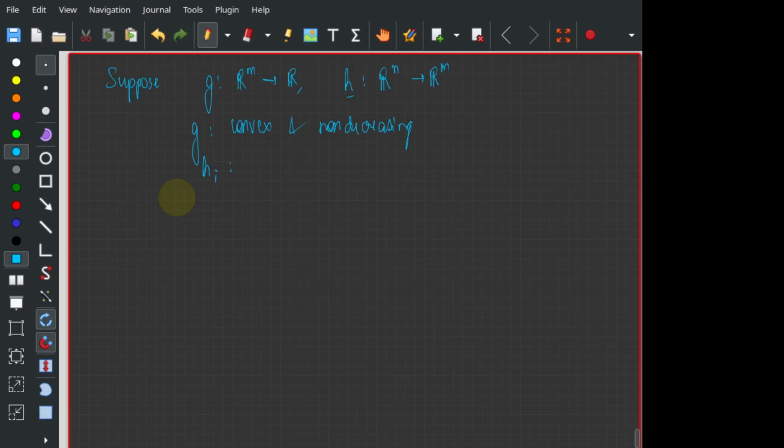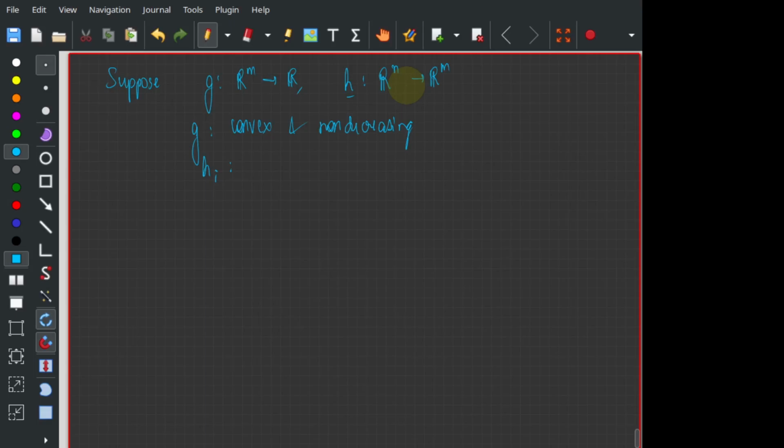Yeah. So first, H is a map from Rn to Rm. H is vector valued, right? So let's assume that each component of H is convex. H takes a vector in Rn and spits out a vector in Rm.